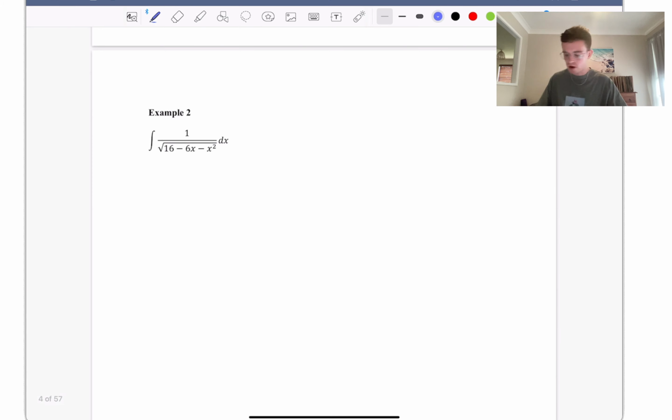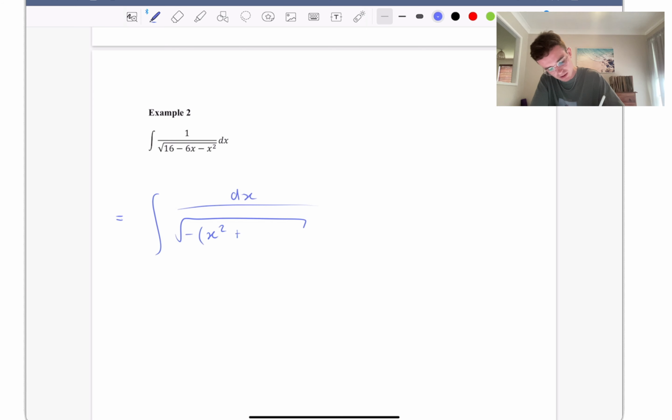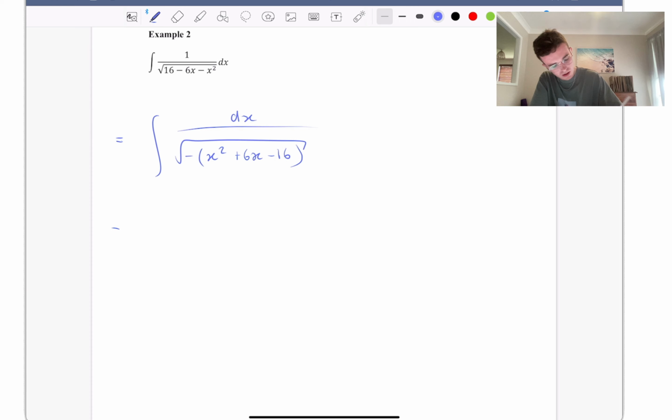Example 2, the integral of 1 over 16 minus 6x minus x squared. When we complete the square, we don't like, and in fact we can't have a negative coefficient of x squared. So let's take out a negative and say this is minus x squared plus 6x minus 16. We can complete the square on the middle terms now.